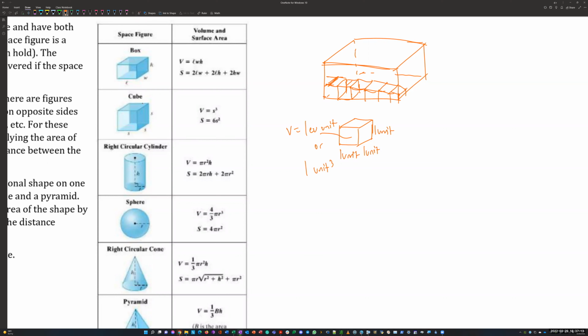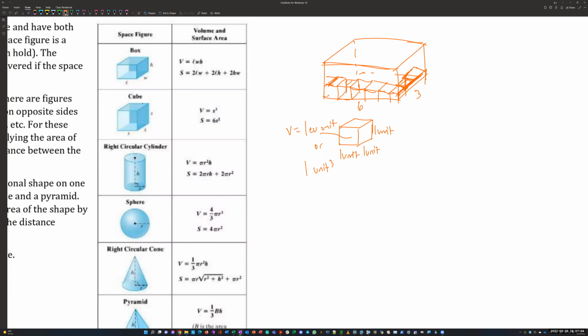So then on this side, I'm saying there's approximately, let's say, 6 of them. And then here, let's say there's 3.